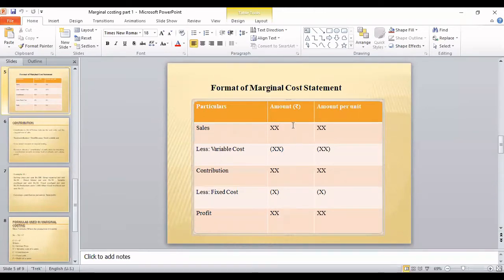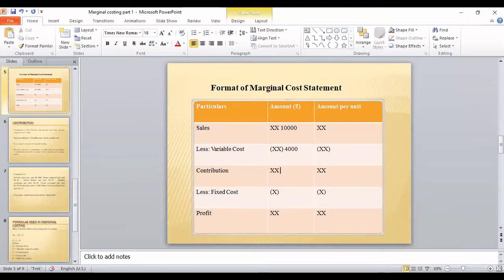First, see the total sale you made. Let's take an example: sale is 10,000 rupees, and for making this sale, the variable cost you incurred is 4,000 rupees. When you deduct variable cost from sales, you get the contribution.